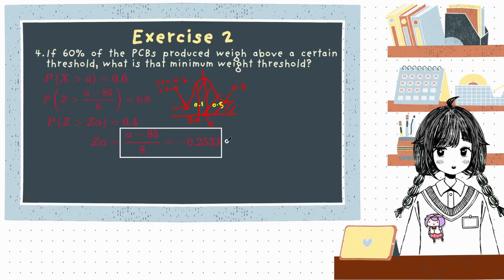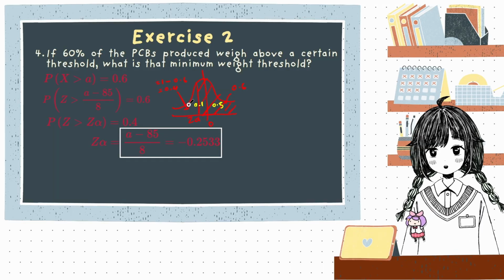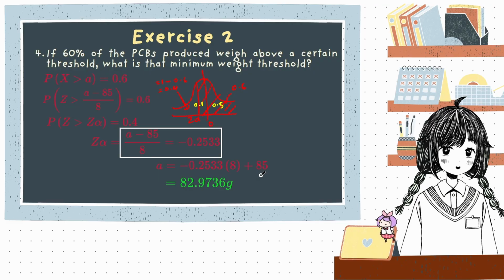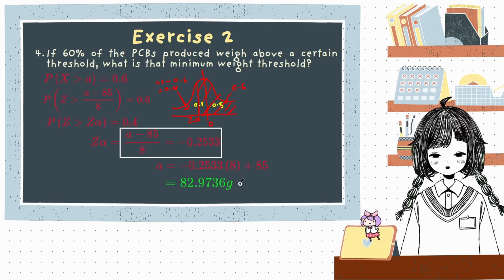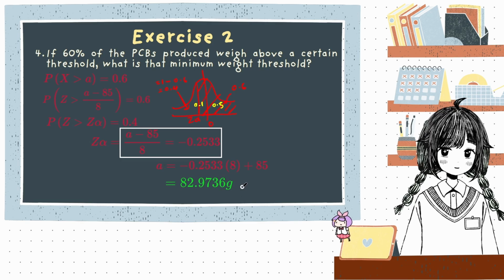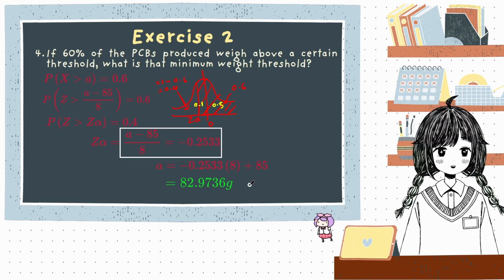But you must include the negative in accordance with the graph here, as it's on the left side. So the final answer for the minimum weight is 82.9736 gram. Anyways, that's all for the normal distribution. Thank you.